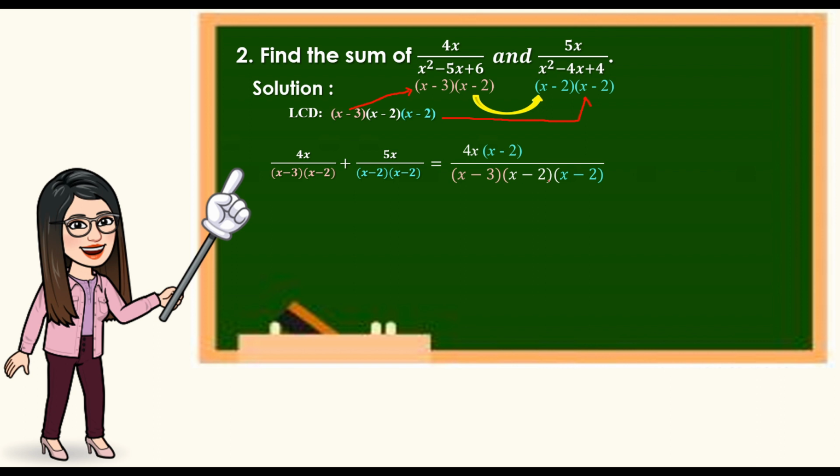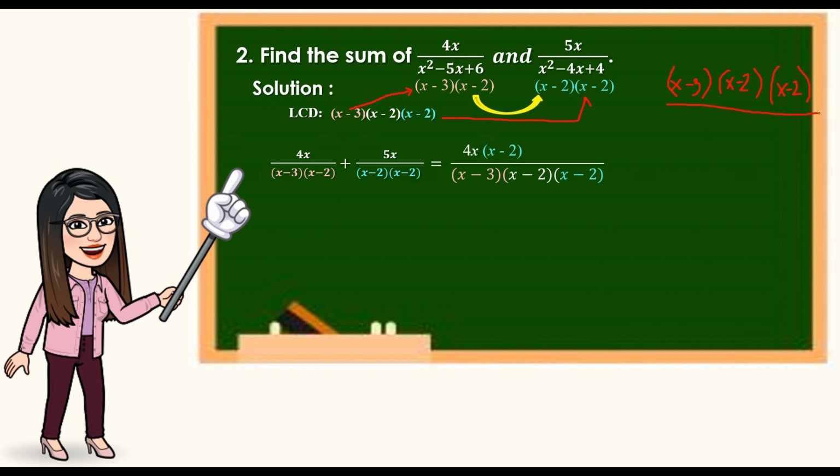If you are still confused why the answer is this one, I will just show you this. x minus 3, I hope you understand, times the quantity of x minus 2 times the quantity of x minus 2. So this one is divided by the denominator.